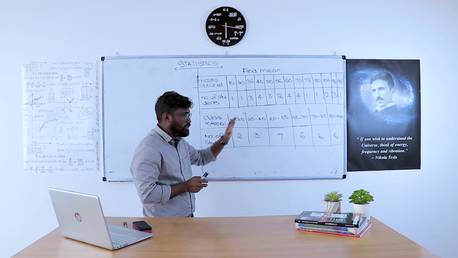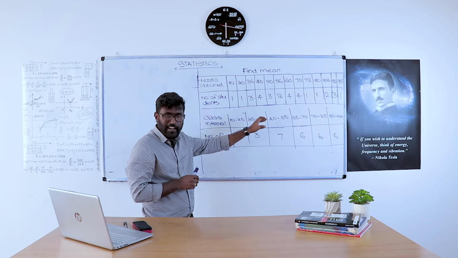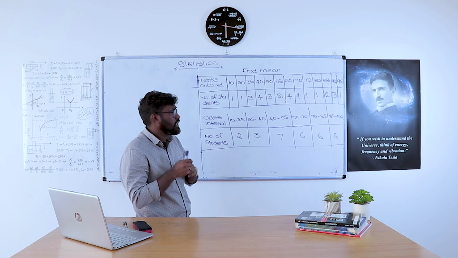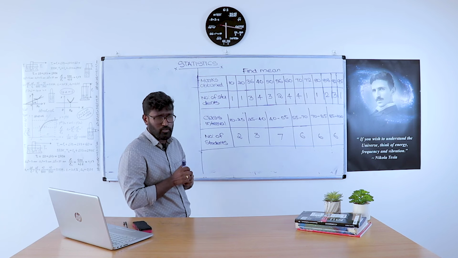We already discussed the standard method, then the direct method. Now we have to move to the last method to find the mean, the assumed mean method.